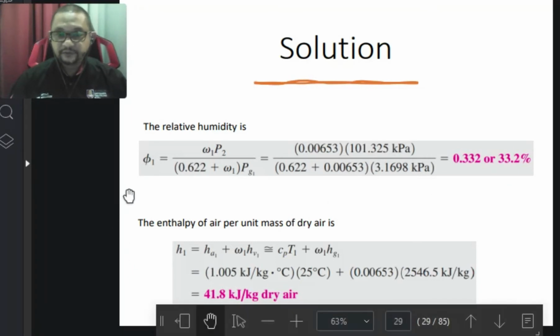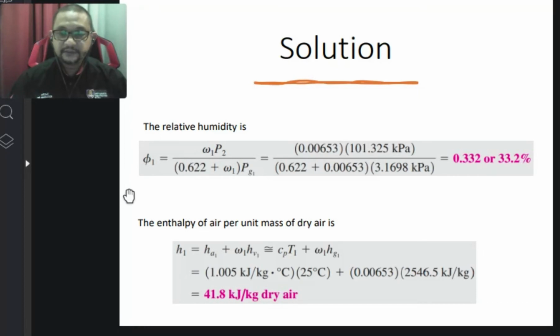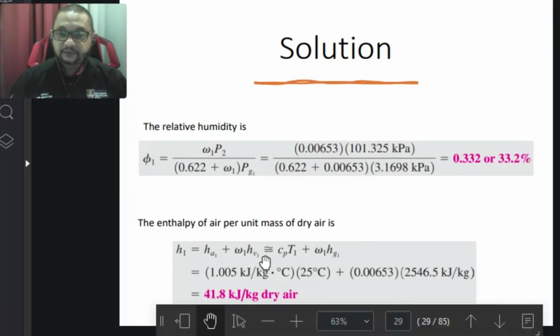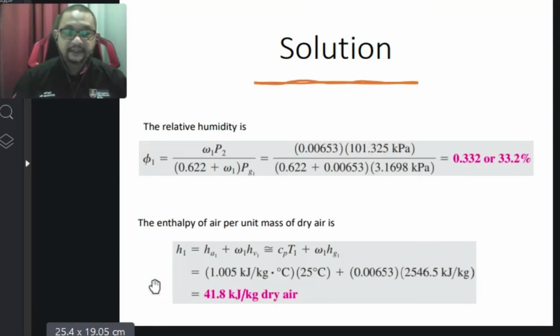You can also find it using the equation H1 equals HA1 plus omega 1 HV1, which is the formula for Cp T1. Substituting the values into this equation, we get H1 is 41.8 kilojoule per kilogram dry air.